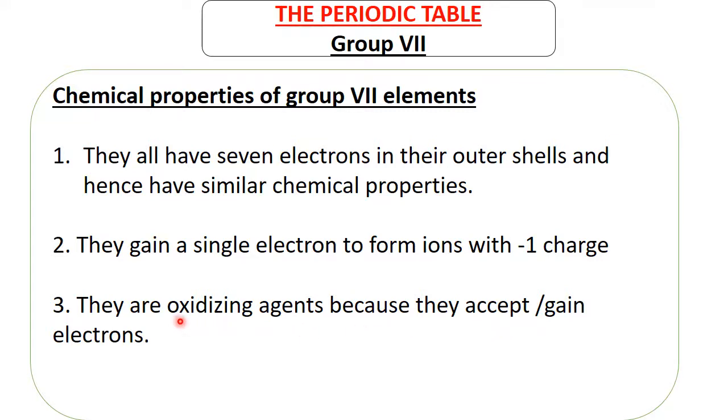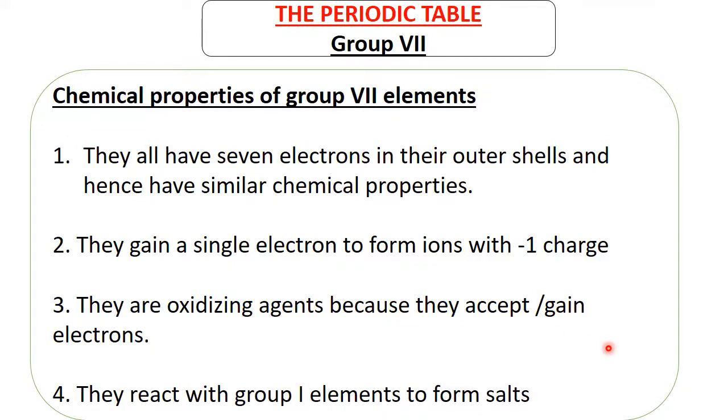We're going to study oxidizing agents more, but for now you can take it that any element that has a tendency of losing an electron is a reducing agent, and any element that has a tendency of accepting or gaining an electron is an oxidizing agent. So most non-metals are oxidizing agents and most metals are reducing agents.